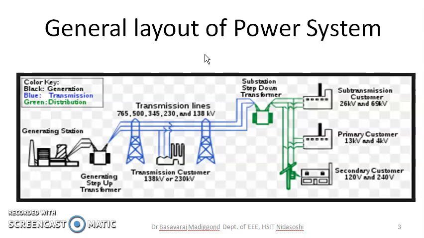The increased demand for electrical energy can be met by building big power stations at favorable places where fuel or resources are available. Resources may be coal, gas, water, wind, solar. These are all the resources that can be used to produce electrical energy.